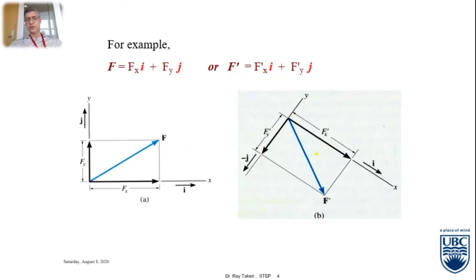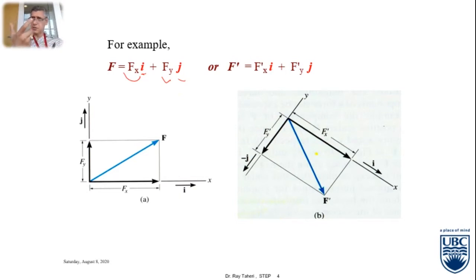So this is another representation. I have F, and this F has 2 components. Fx is the x component of F, and Fy is the y component. Therefore F is equal to the x component multiplied by the unit vector on x plus the y component multiplied by the unit vector on y.